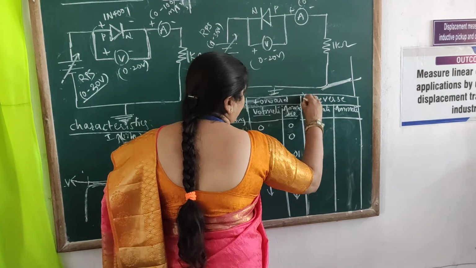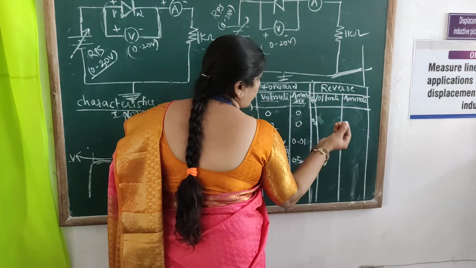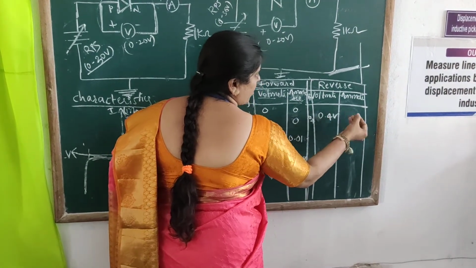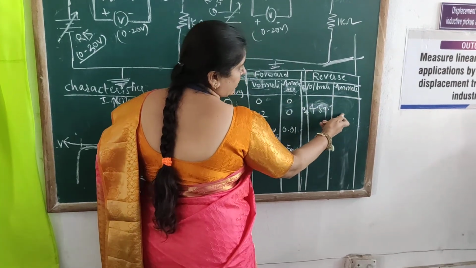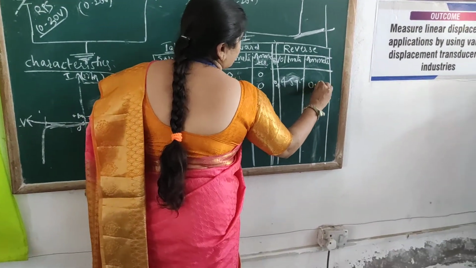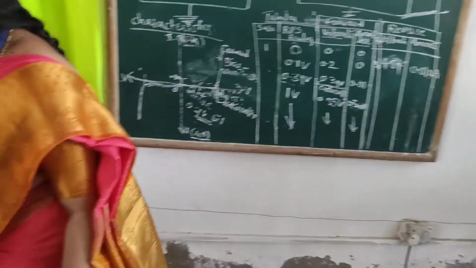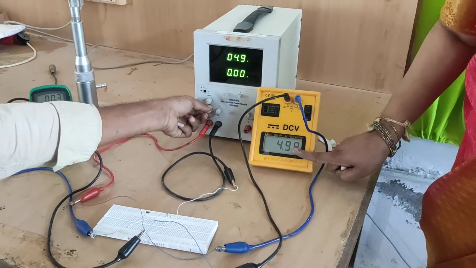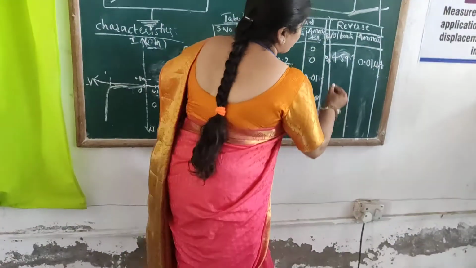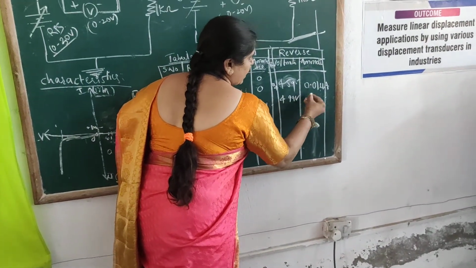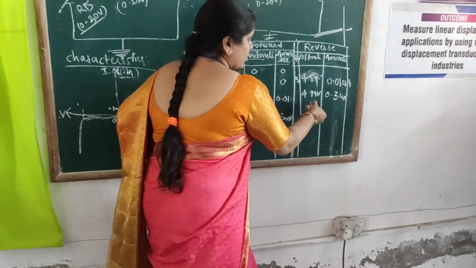One more: RPS 4.4 volts, and the voltmeter shows 4.59 volts, ammeter 0.01 microamperes. Next, by varying this one, the voltmeter shows 4.99 volts and the ammeter shows 0.3 microamperes. Like that you have to do the experiment.